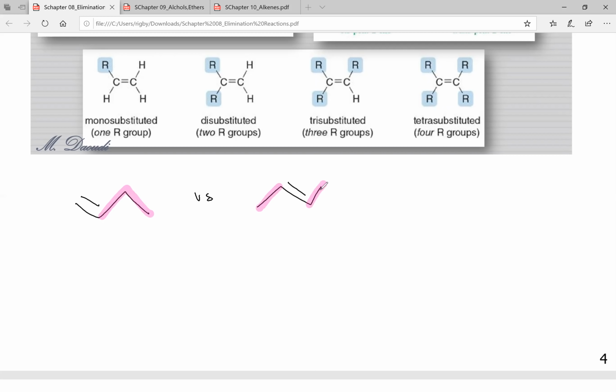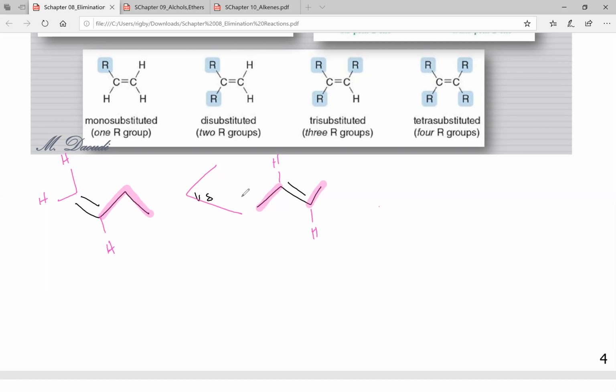It's important to note that even though we are talking about R groups, there are still invisible hydrogens here that we just don't draw. Don't forget that those exist. We do not draw them and they don't count as R groups, but it's important to recognize they are still there. Okay, so we can see that this one is going to be more stable than the monosubstituted one, and so on.